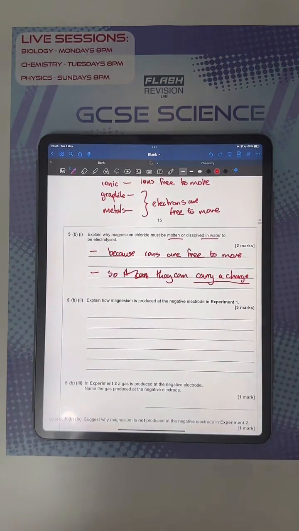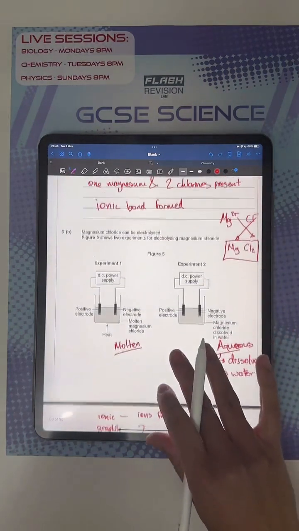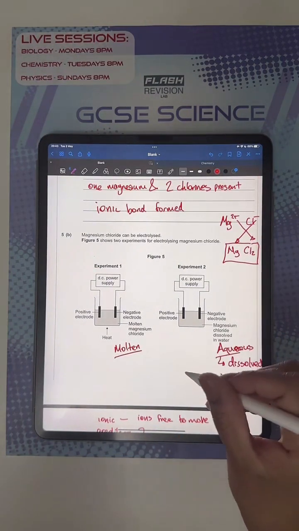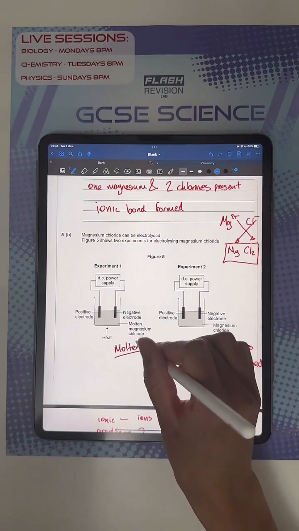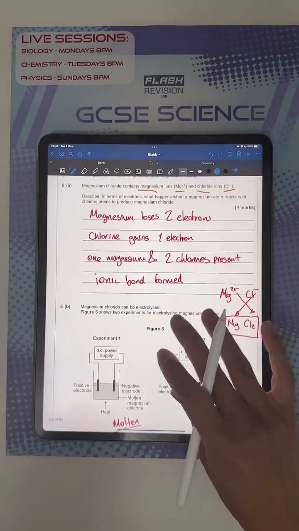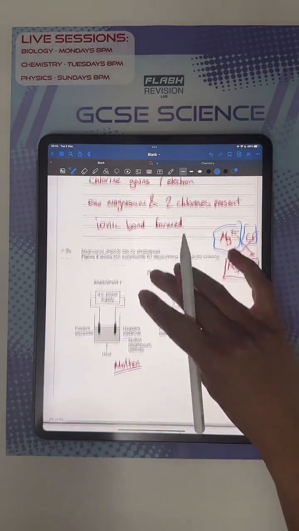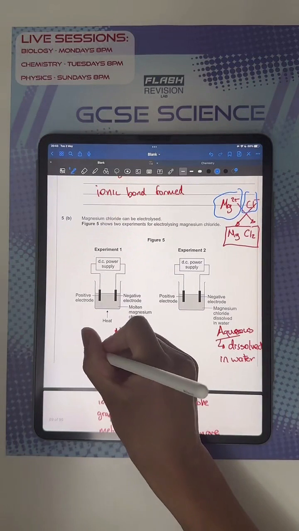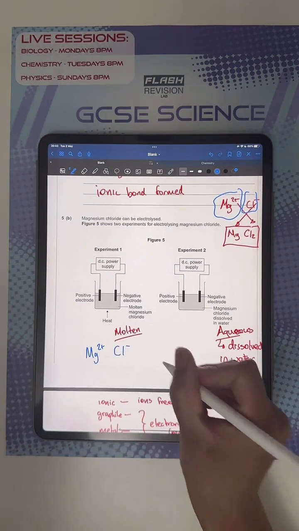Okay, explain how magnesium is produced at the negative electrode in experiment 1. Experiment 1 is molten magnesium chloride. What are the ions we have here? Well, we've actually got it here, don't we? The 2 ions. We have Mg2 plus and Cl minus.